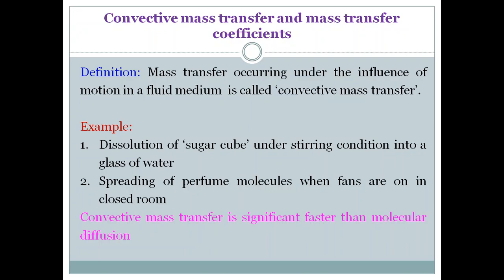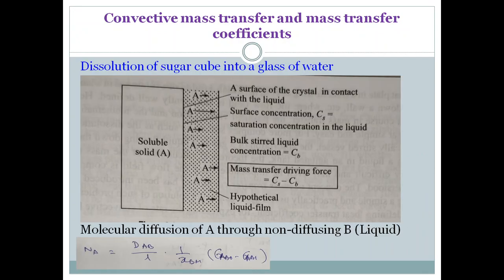Now if you take this example of dissolution of sugar, let's say this is one sugar cube, and we put this sugar cube into the water. Then if you just take one side, what is happening: this is the bulk fluid, and there will be one boundary layer between this sugar cube, that solid material, and the fluid, and you are already familiar with boundary layer theory.